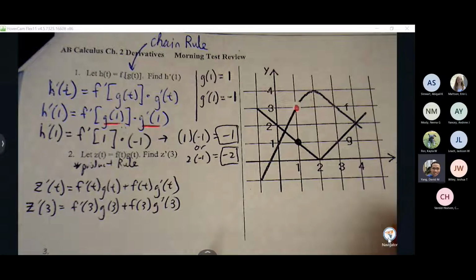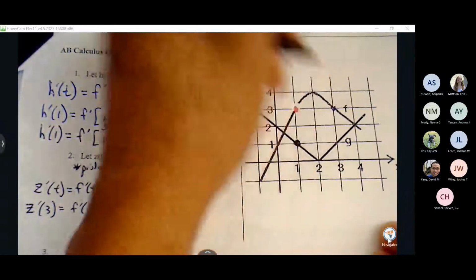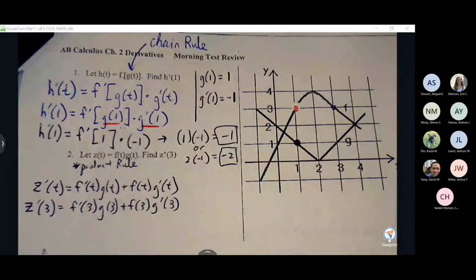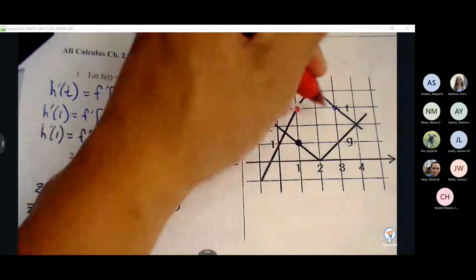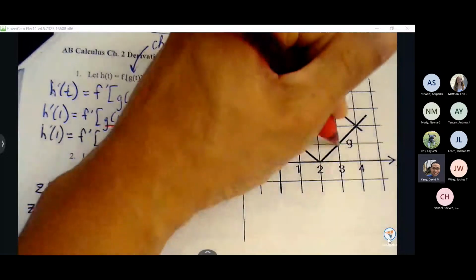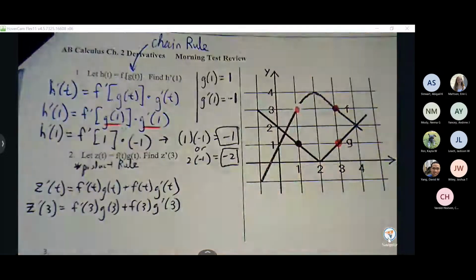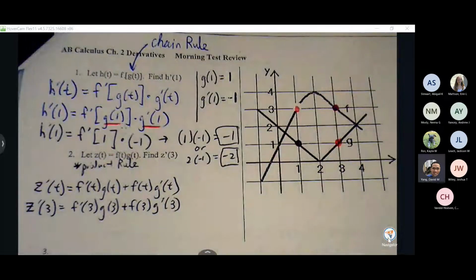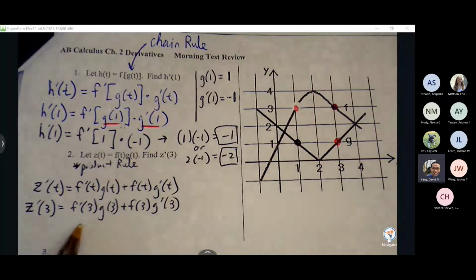We're either going to pull the slope of the f graph at 3, or we're going to pull the slope of the g graph at 3. Or sorry, the slope or ordered pair of the f or the g graph. Okay, so first up is f prime of 3.